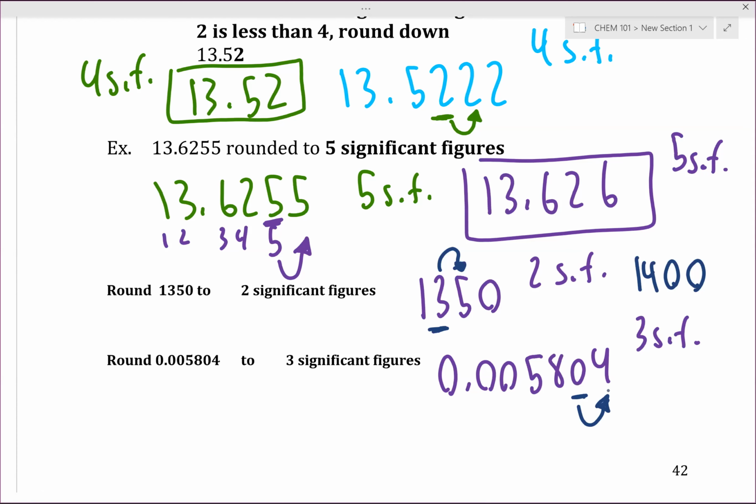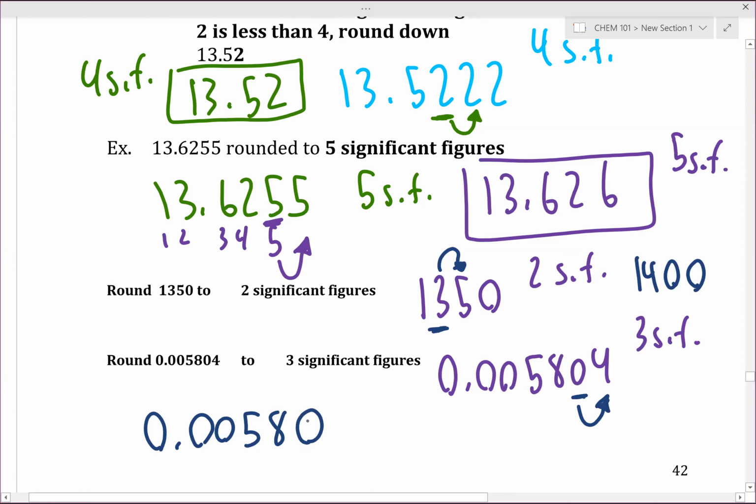Down, exactly right. So we have 0.00580. And how many significant figures does this number have? 3. This has 3 sig figs. The leading zeros are not significant. The trailing 0 after a decimal point and after a non-zero number is significant.